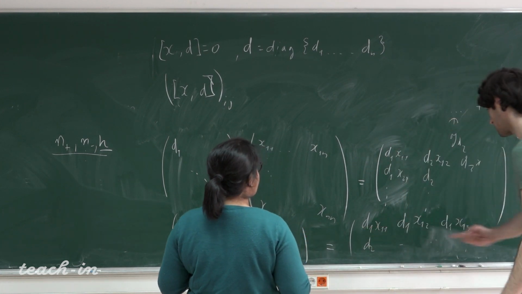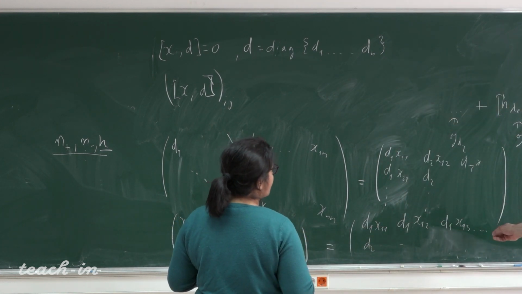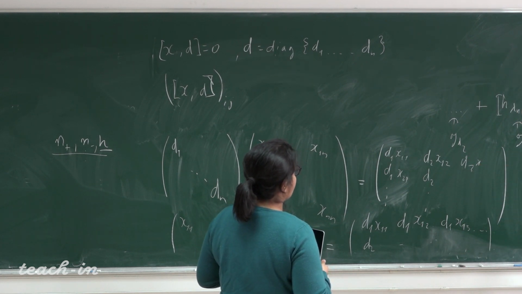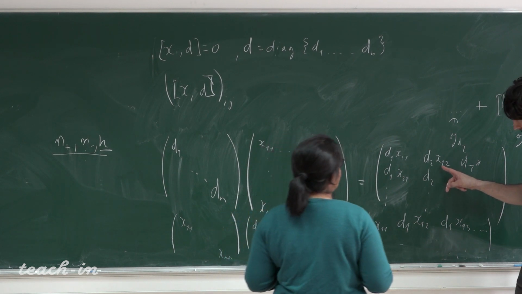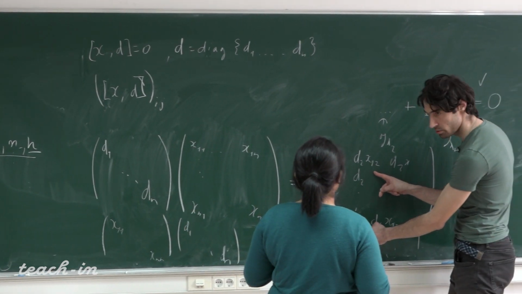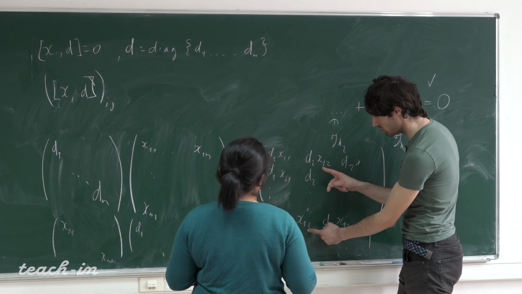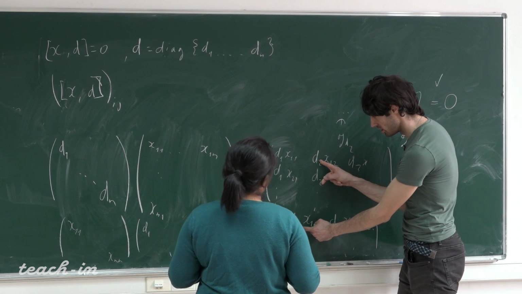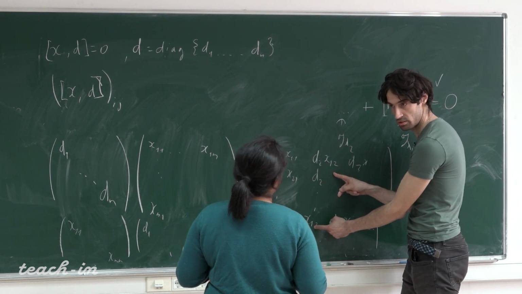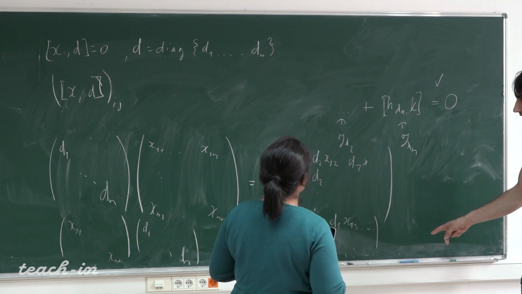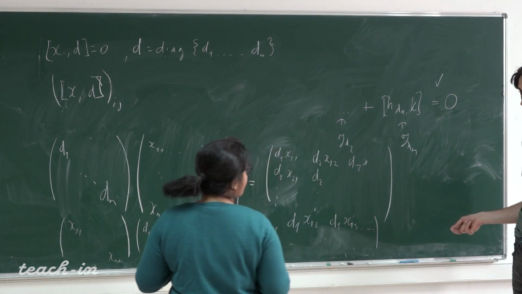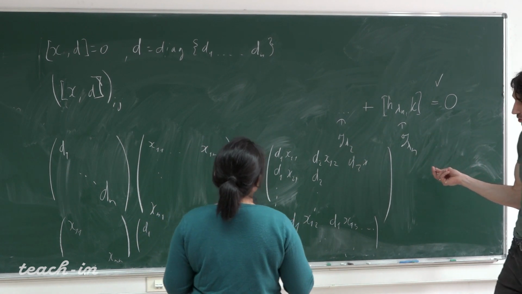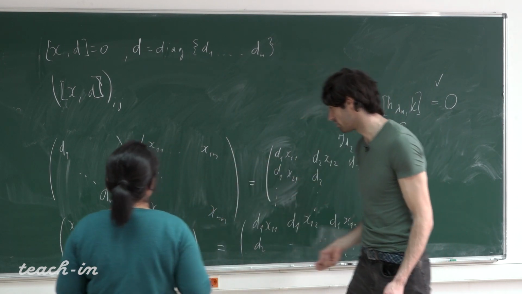So now the d1s and d2s change like that. Then this minus this should be 0. So look here: I'll have (d2 minus d1) times x12, which should be 0. If I choose d2 minus d1 nonzero, it means that x12 is 0. In the same way, all xij are 0 if i is not equal to j. Therefore my x should be diagonal.